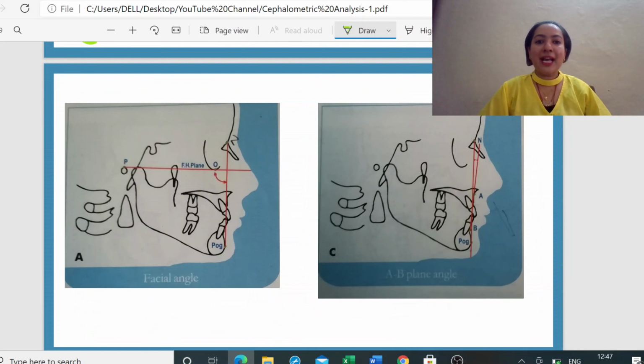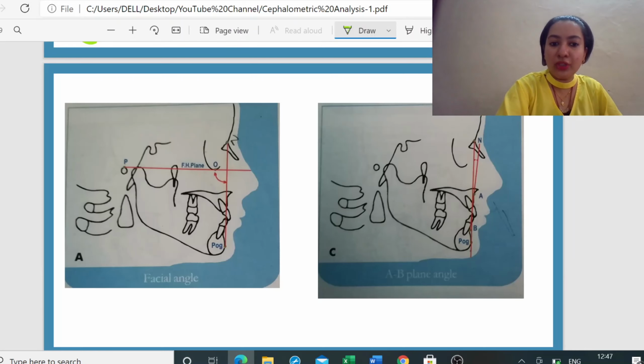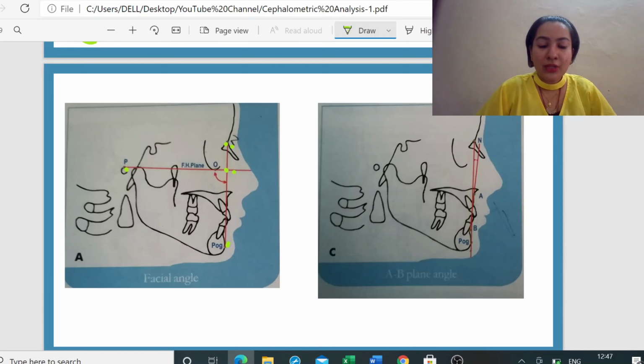The very first angle which was given by Down is the facial angle. Now the facial angle is formed when my N-Pogonion line intersects with the OP line, my orbital porion line. So my orbital porion line becomes the Frankfurt horizontal plane.